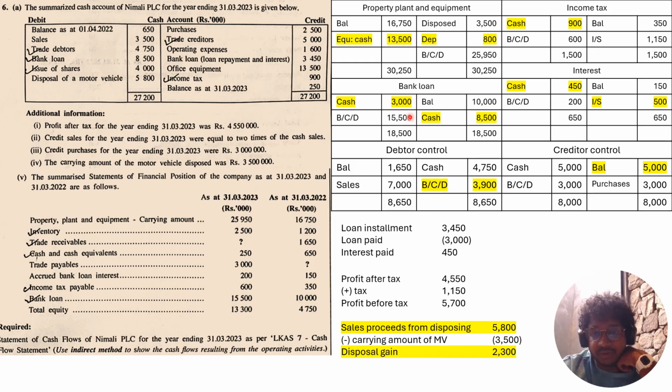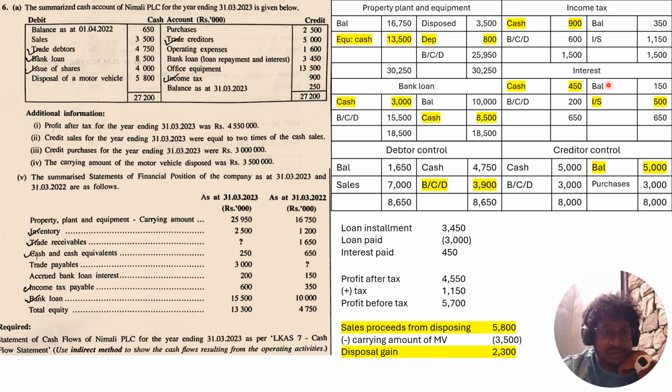This amount you should record in financing activities as a cash outflow. In the cash account, the amount you paid for the loan and the interest is 3,450. From that you can find the interest paid is 450, and then record that in the interest account.